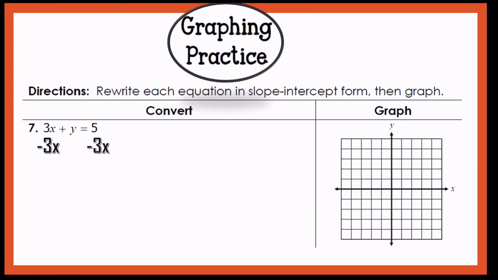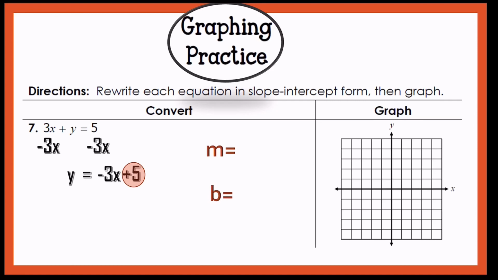And you're right. If I subtract 3x from both sides, I'm left with y on this side equals negative 3x plus 5, okay? So here's now what you need to do, what I was just saying on the other 6. M is going to equal and B is going to equal.